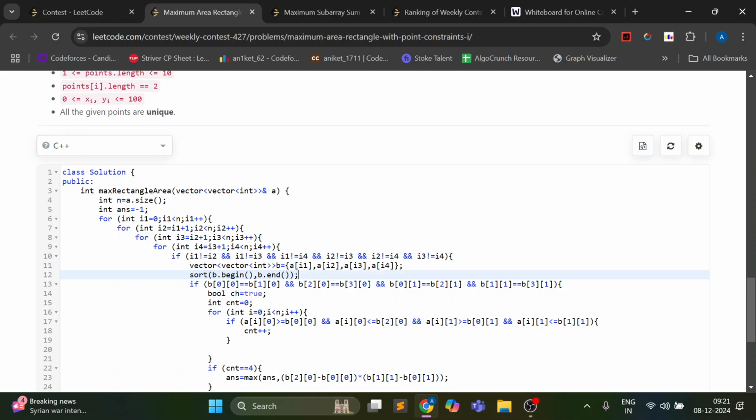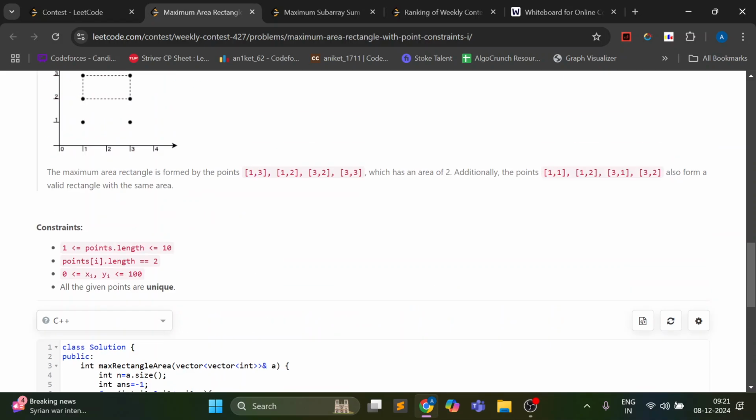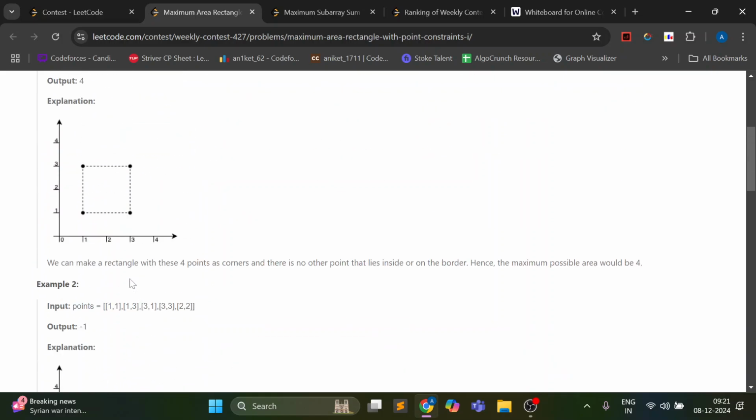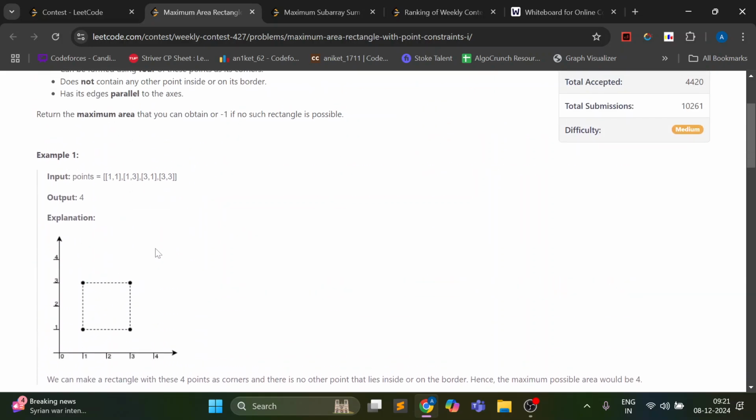them. Now why am I doing this? Because if 4 points are forming a rectangle, two of them would have the same x coordinate. So this is 1 1, 1 3. So basically both of them have the same x coordinate.